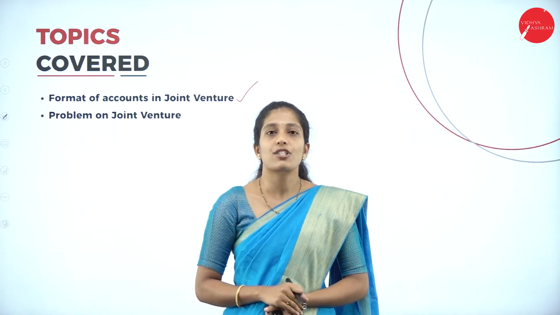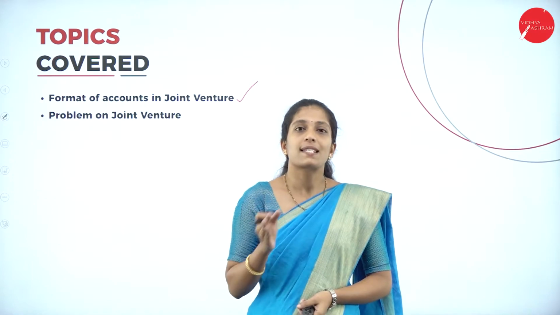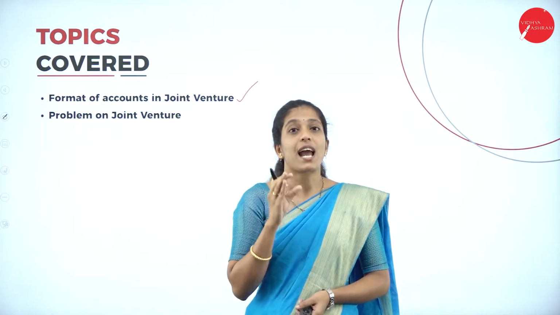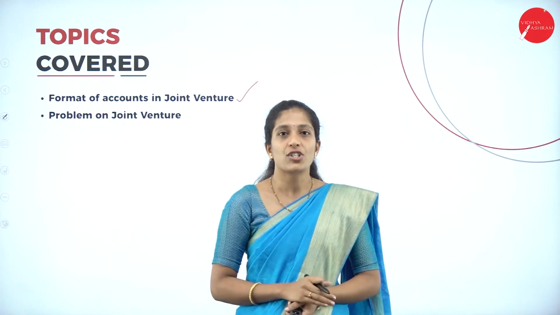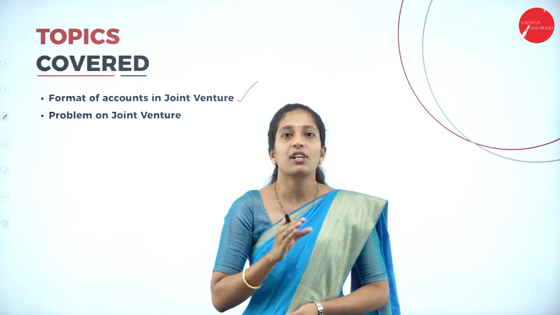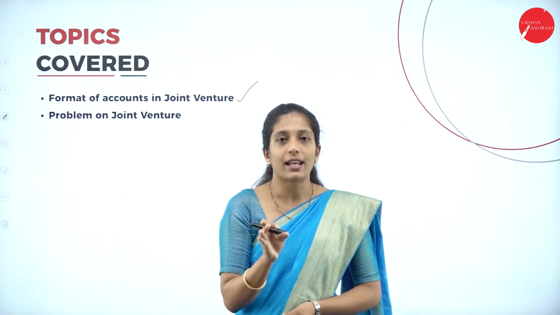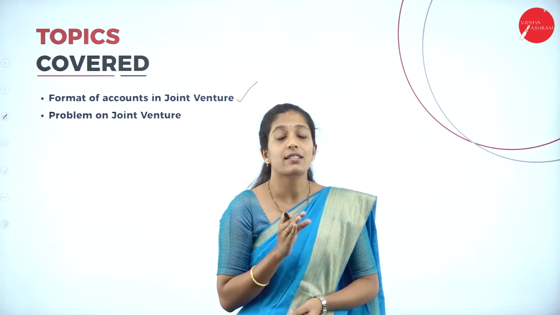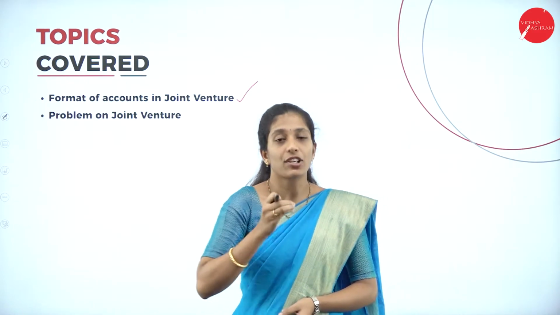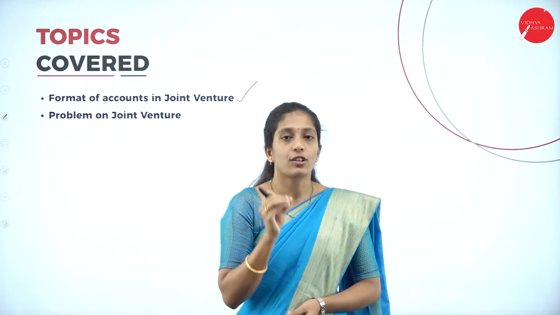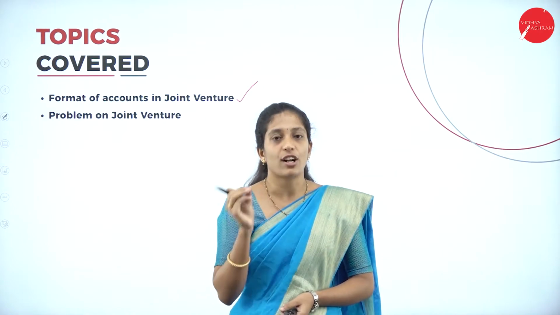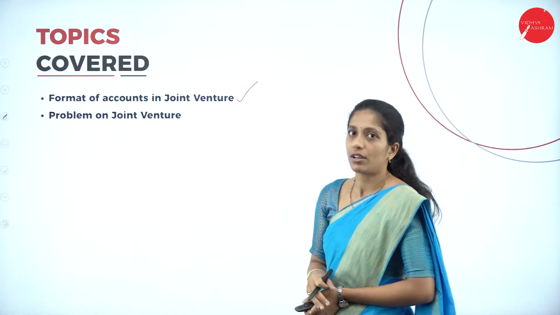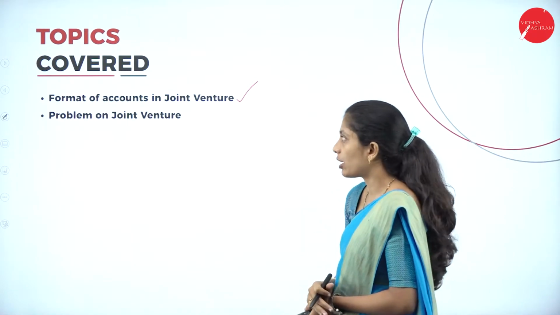The second account to be prepared is venturers account, same as partners capital account, where we ascertain the amount to be paid to the venturers. That balancing figure will be transferred to joint bank account, where we record all the entries relating to cash, that is cash received as well as cash paid, and the total of debit side and credit side of joint bank account should be equal. So this is the format of accounts that has to be prepared under joint venture.